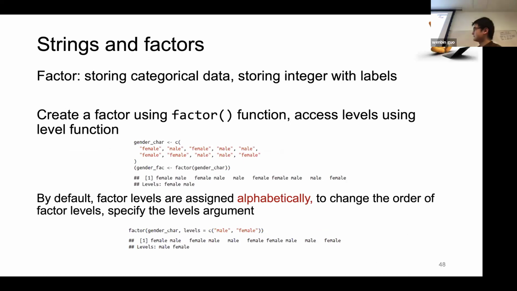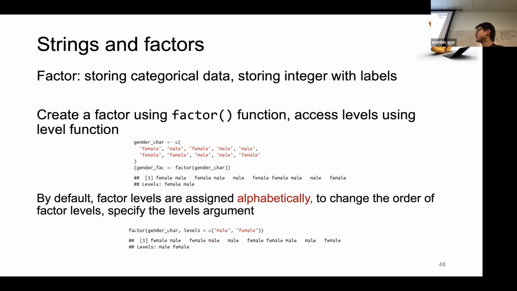For strings, the good thing is that they are very intuitive, but when you have a large set of strings and many of them are duplicates of each other, in R it will implicitly transform them into factors. For example, in the metadata we have gender, male and female, and we know there are usually only two types in that metadata, but the persons might be tens of thousands.